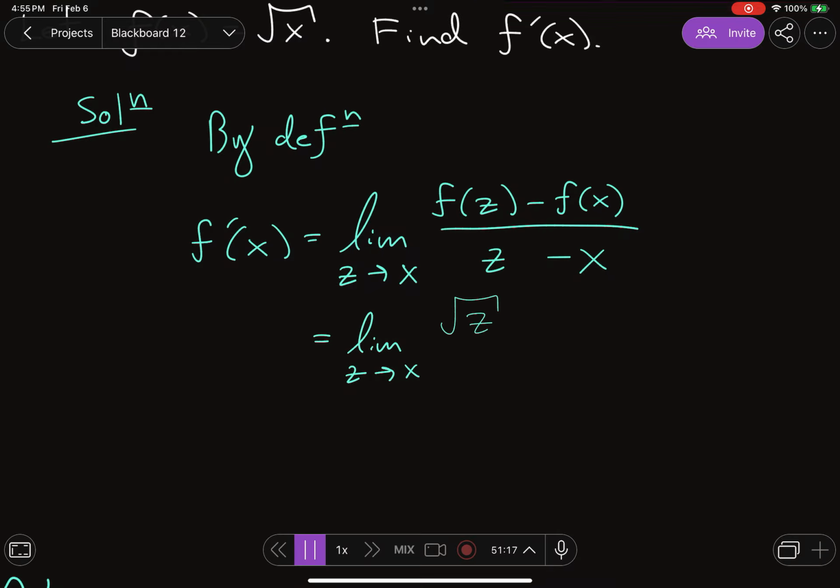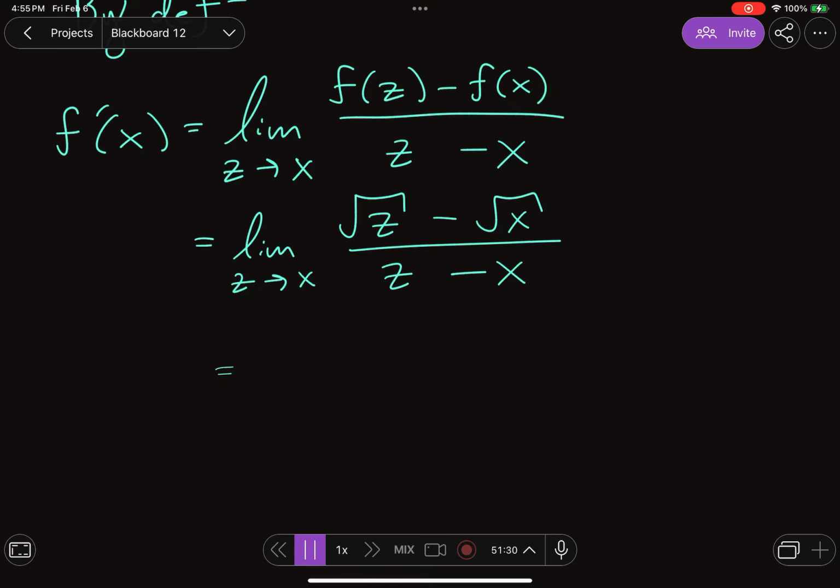But I don't know, you guys. My favorite way to say z is the square root of z squared. No, that was right. Square root of z squared. Square root of x squared.